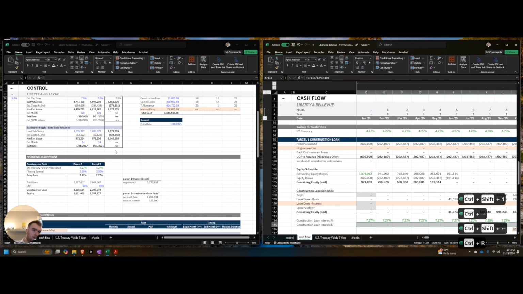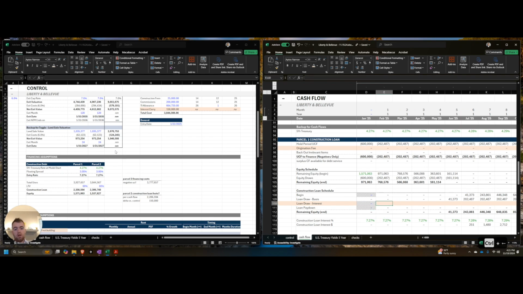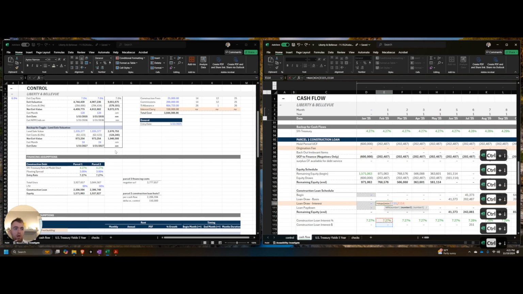And then finally, so that's going to be 1.5. But then the most important thing is going to be for our loan interest, it's going to be the maximum of the minimum of the interest, or the interest minus the surplus cash flow you have available for the interest, or 0.